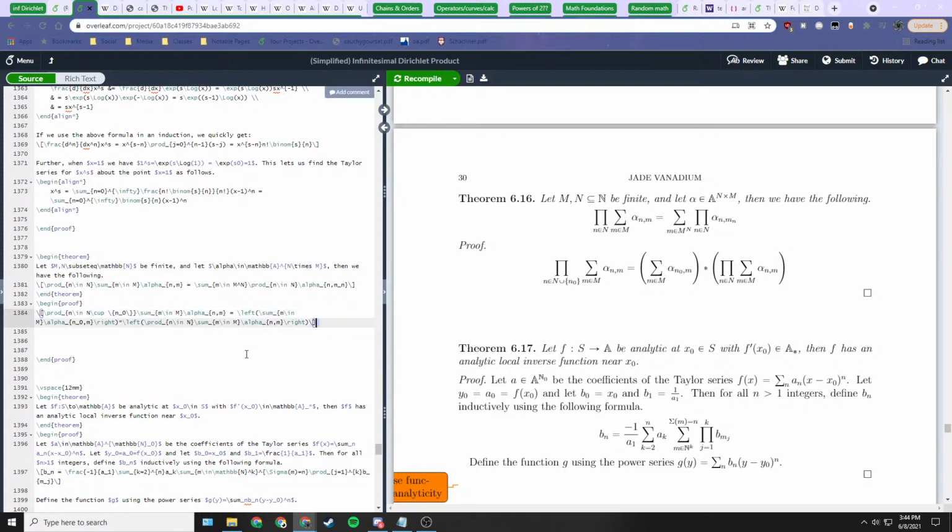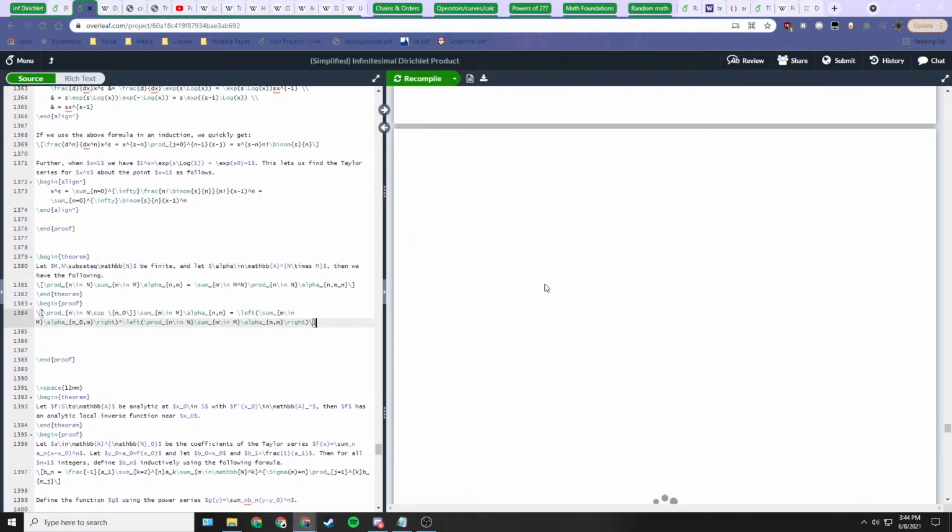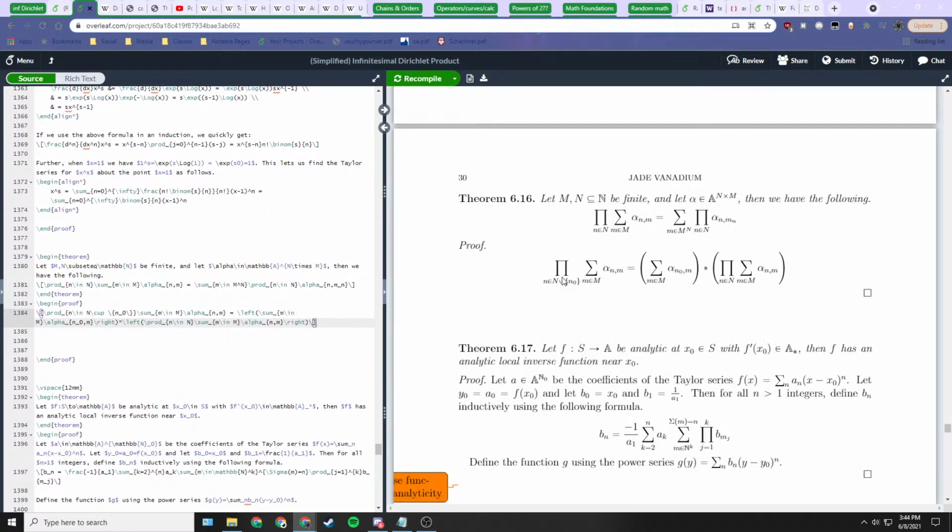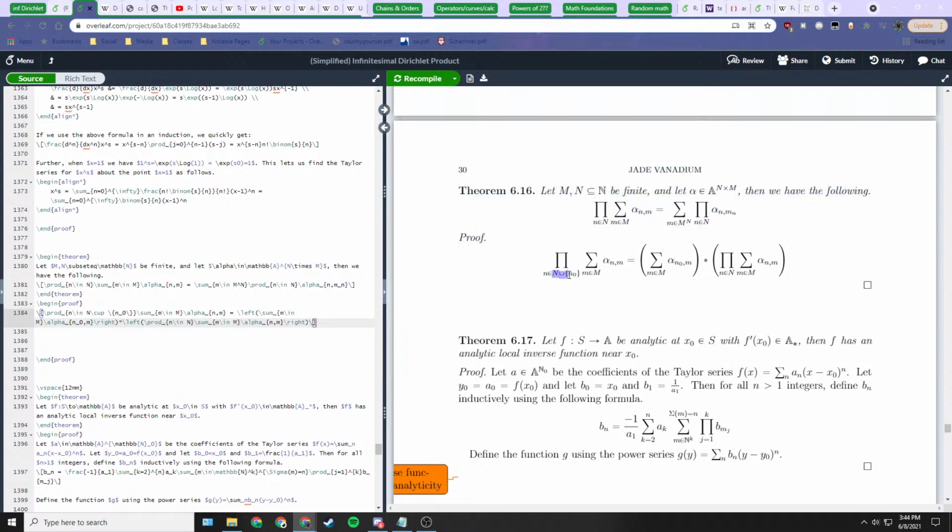Okay, so in order to set up our induction, we're taking n in the set N union n0. So we're including an extra n0 into the set.